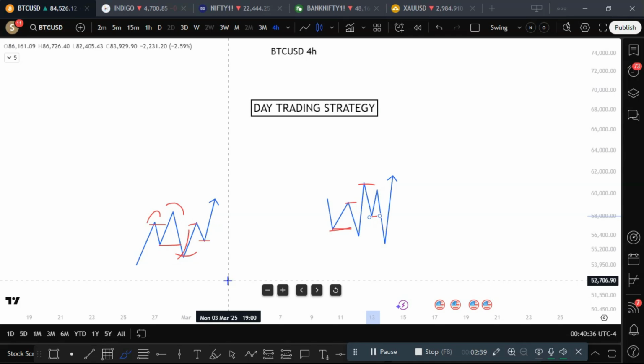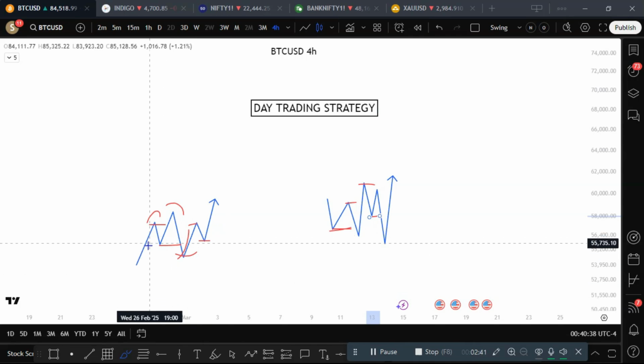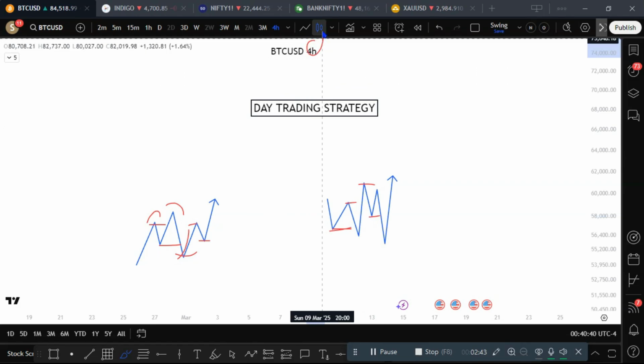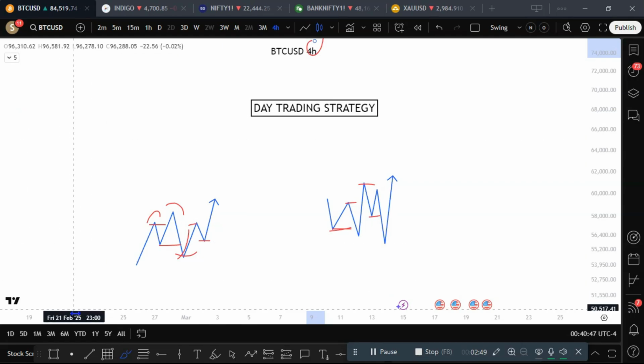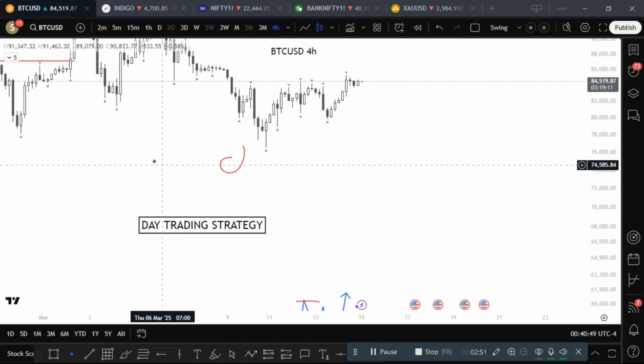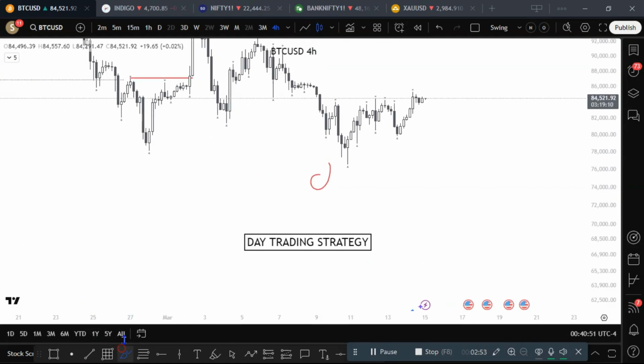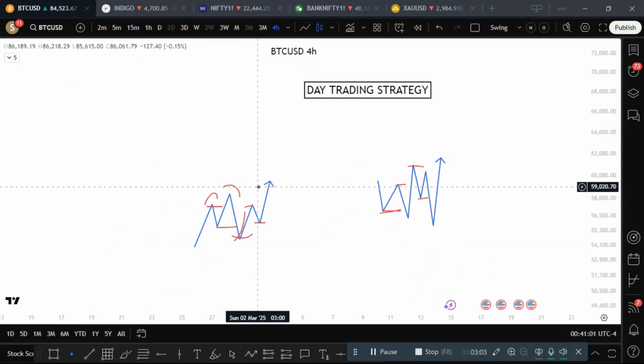We will use turning points like major swing points on the 4-hour chart, and for that we are going to use this fractal indicator by Nephew Sam. It gives arrows like this. So we are going to use these arrows. Whenever price sweeps these, we are going to take our entry. So this is the logic of the strategy, right?